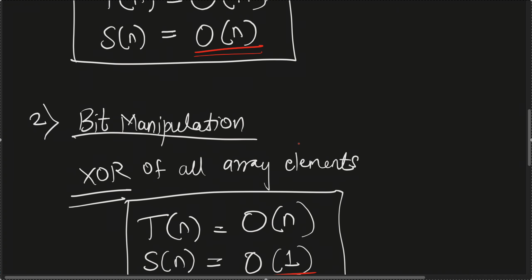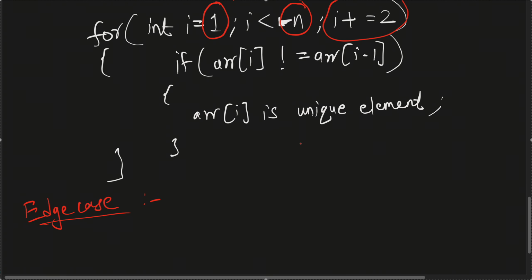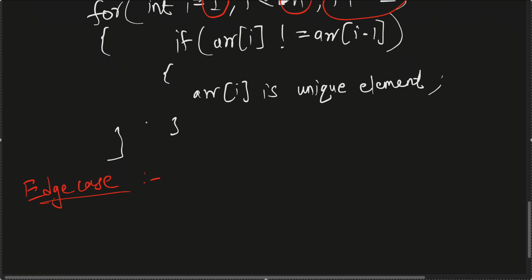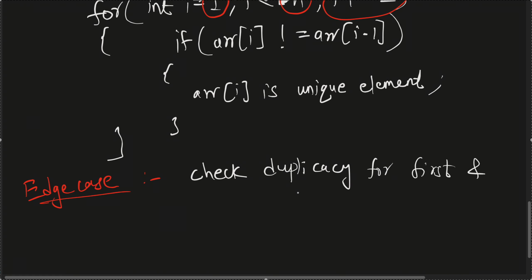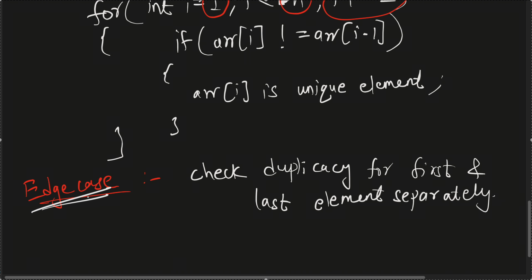So for the first and the last occurrence, we can check their duplicacy separately. We can write two if conditions and check it separately. So we have avoided our edge cases.